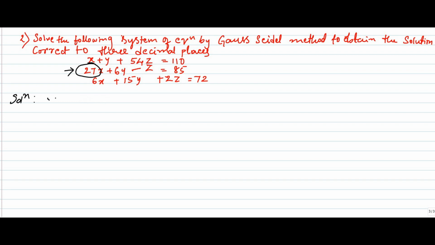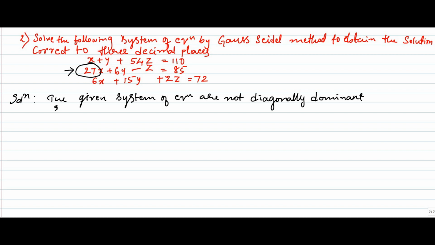The given system of equations are not diagonally dominant. So we rearrange the given system of equations to make that diagonally dominant.